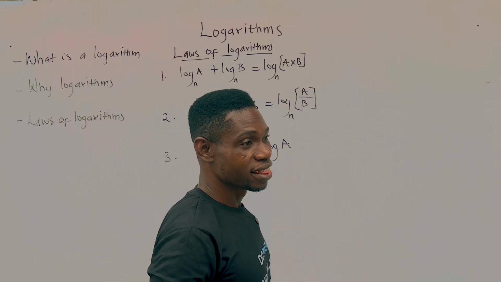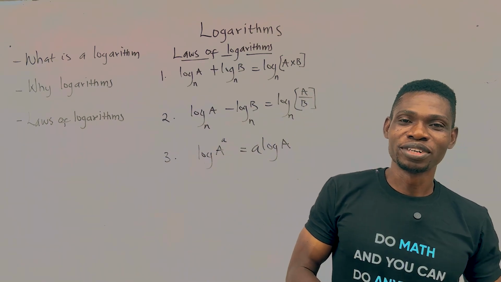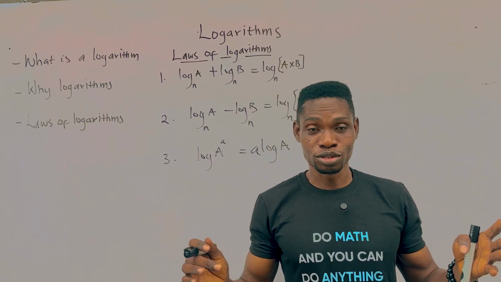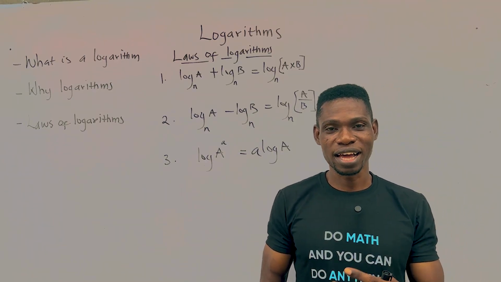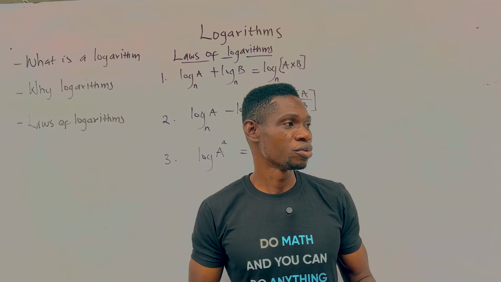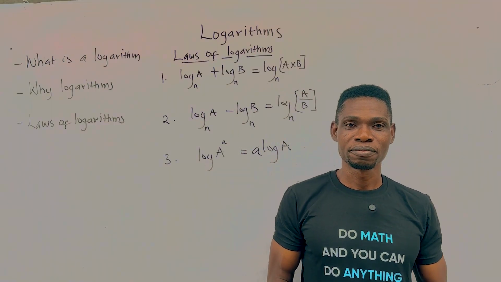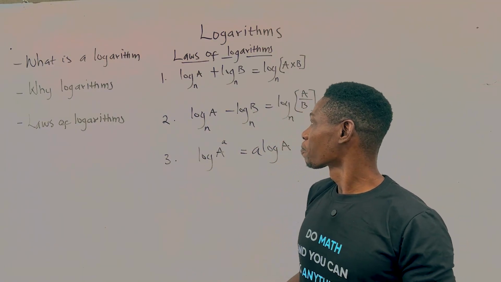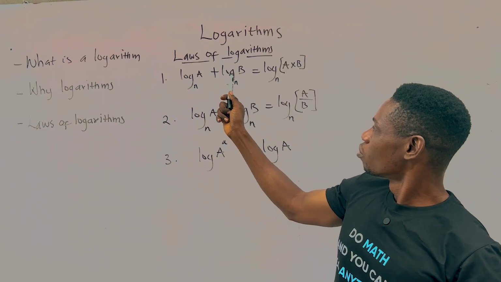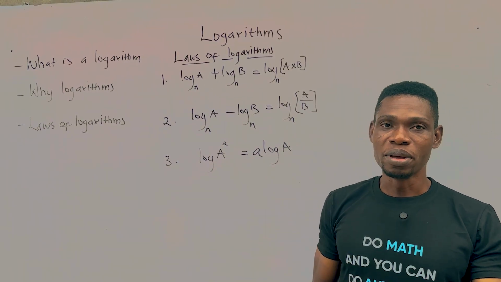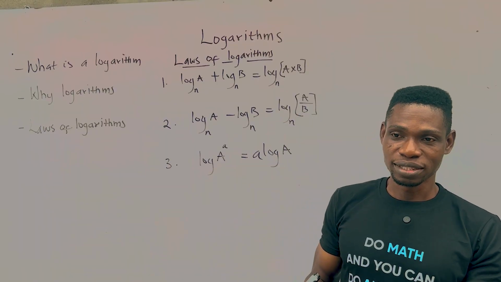So these are the three basic laws of logarithm, but they won't be sufficient for us to solve all the problems. So we'll look at other rules that you can apply to solving problems involving logarithms. So let's do a quick recap. The first law, addition law: when adding logarithms of the same base, you multiply the arguments.